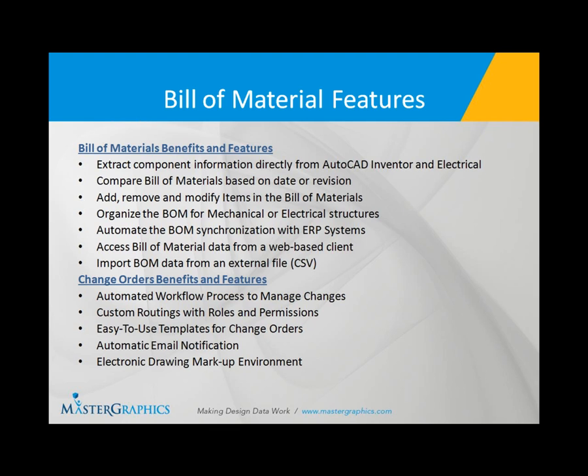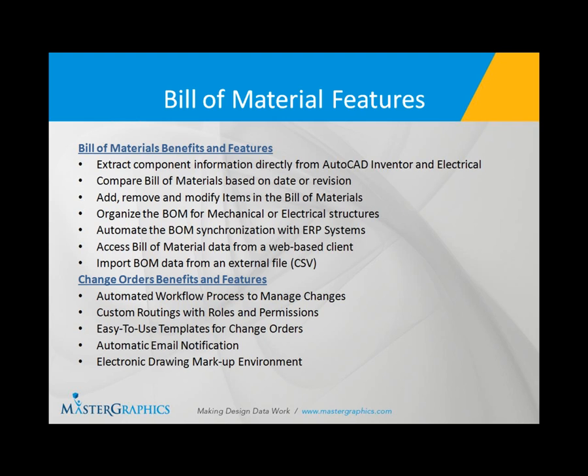Since we're going to be focusing on both mechanical and electrical, there's ways to organize the bill of materials based on that need. So electrical has the function of being able to see things based on maybe where it's located on a particular machine. Mechanical can see how things are organized by assembly or those parent-child relationships.